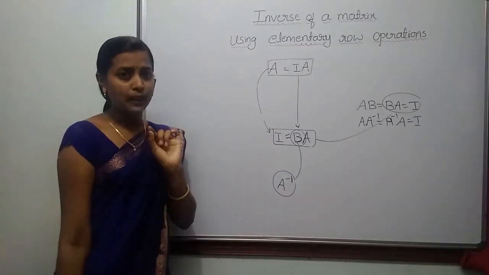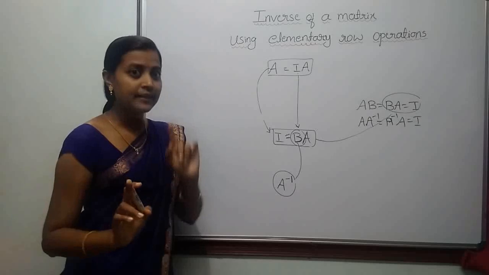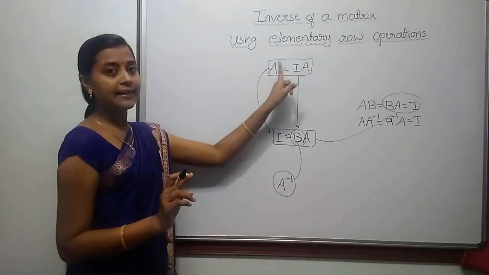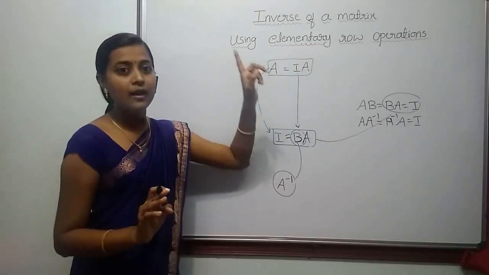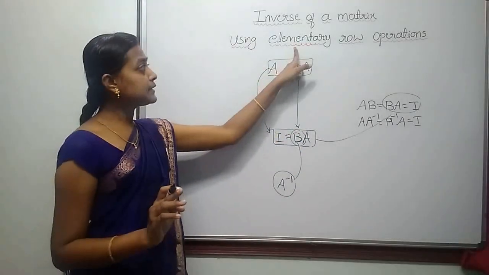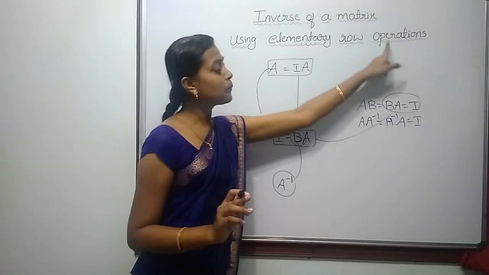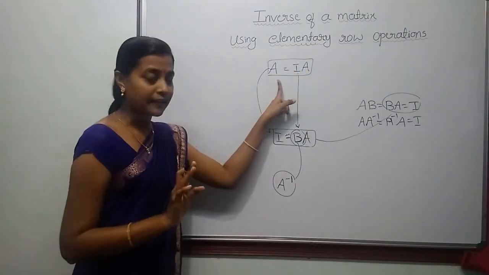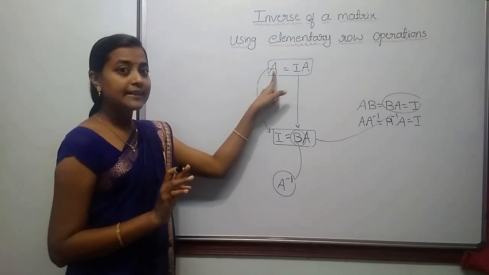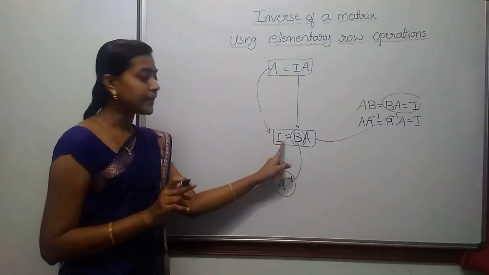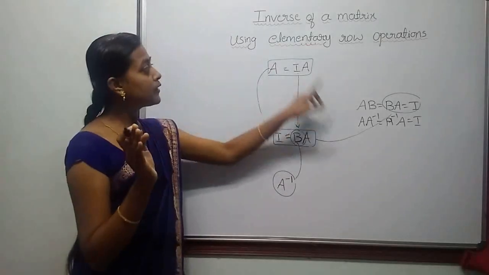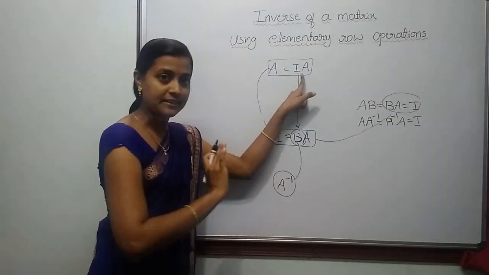The method is very simple. I will recall that once again. First write the equation A is equal to I into A. Apply sequence of elementary row operations on this equation in such a way that the matrix A in the LHS gets reduced to identity matrix, and apply the same operation on identity matrix in the RHS.